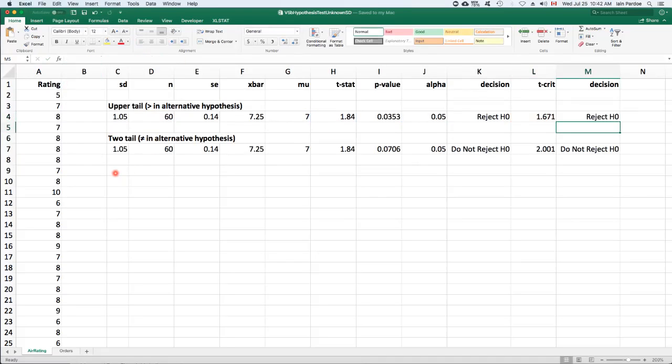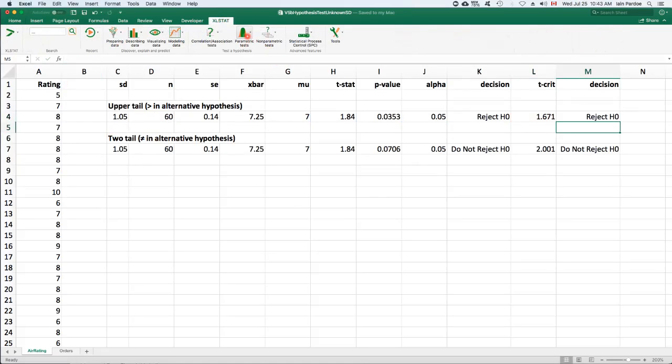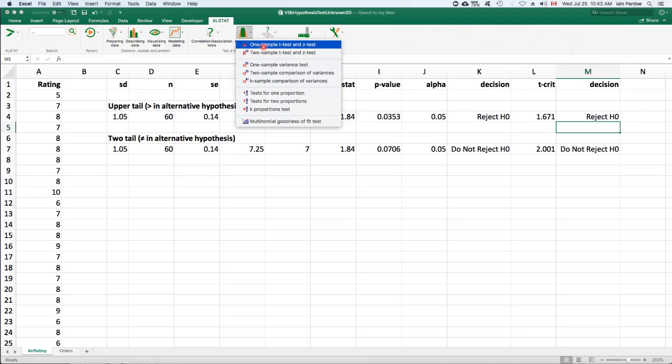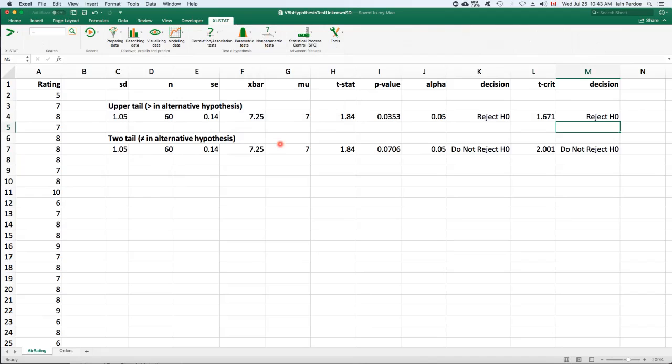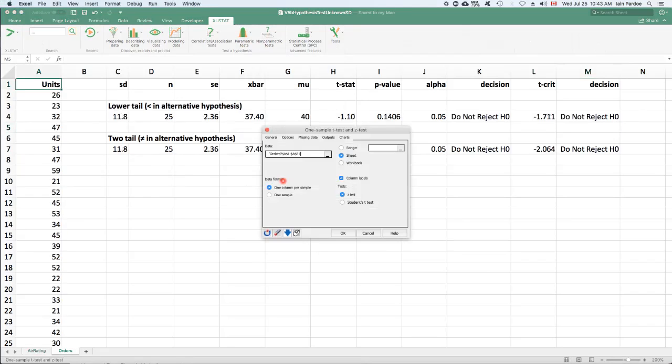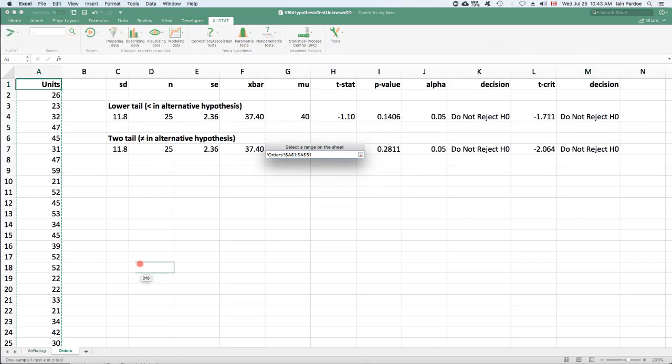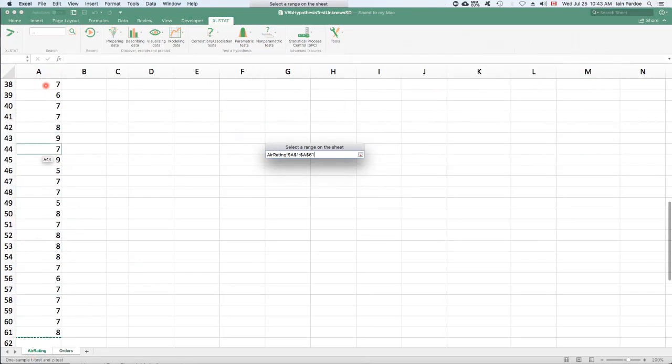So let's see how this works in Excel stat. We'll do a parametric test, one sample t-test. We'll select our data. So our data is going to be the airport ratings.